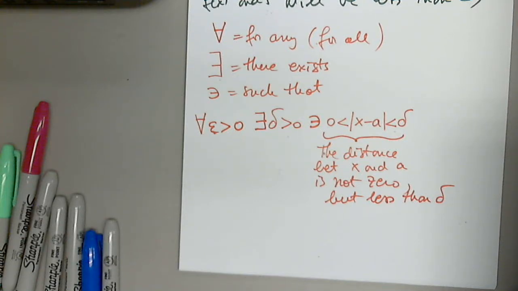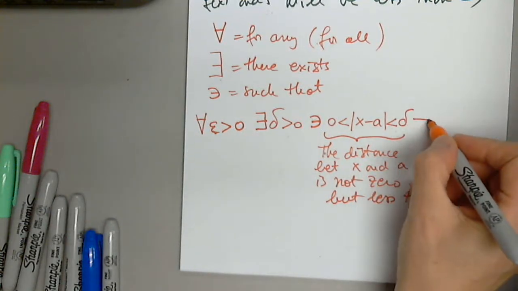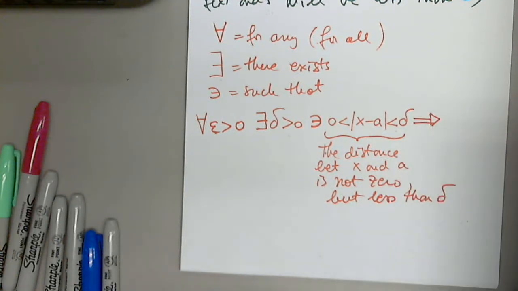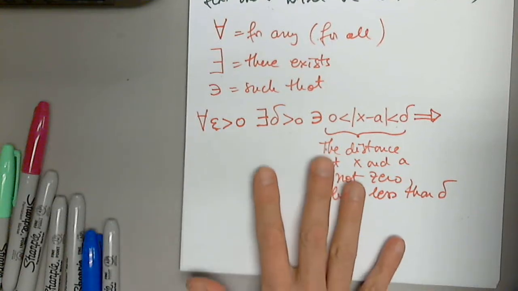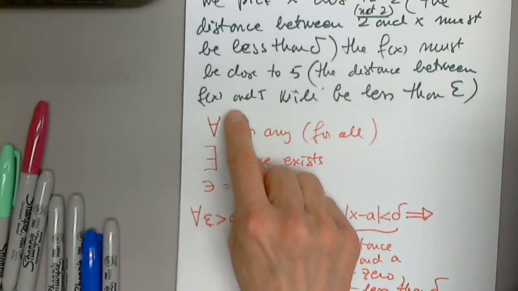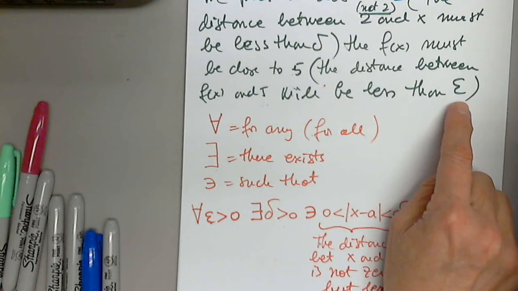So we didn't finish, but I want to start from the beginning again. For every epsilon positive, I will find the delta positive such that every time I pick x close to a, not equal to a, the distance is not 0 but is less than delta, this will imply what? In words, this will imply that the distance between f of x and the limit L will be less than epsilon.